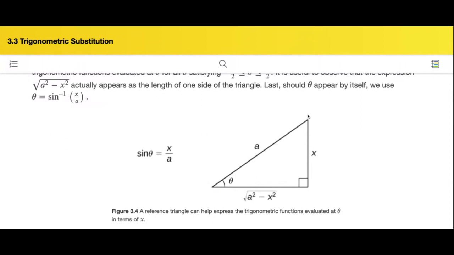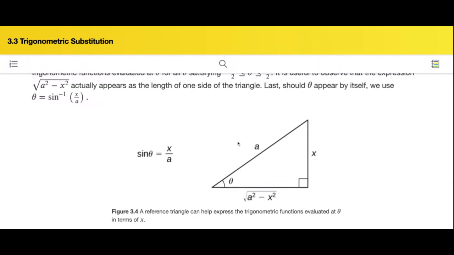So what is the relation? We could see sine theta is x over a. Right? Sine theta is x over a.